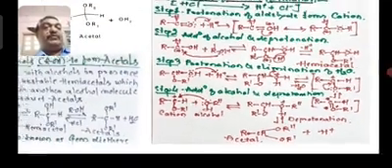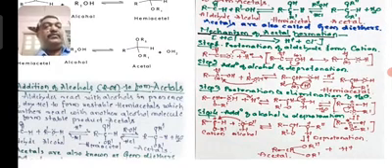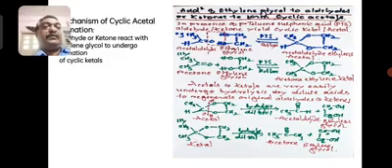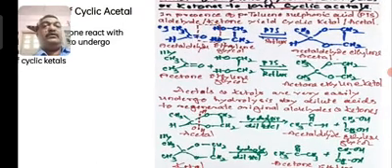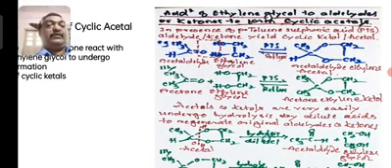Now I request you can follow either this way or the previous slide. In the previous slide it is a little bit confusing, but in this case it is very easy to represent and understand. Now, formation of cyclic acetals. When an aldehyde is treated with ethylene glycol, what is ethylene glycol? CH2OH, CH2OH.